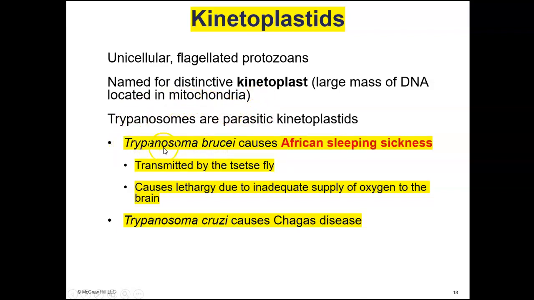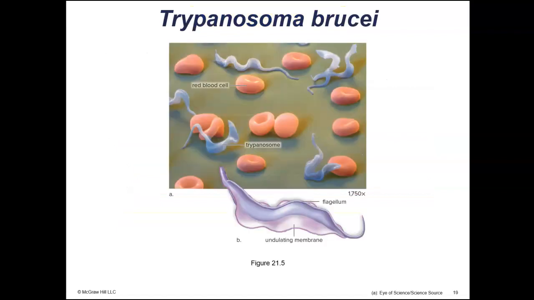But the primary example is the Trypanosoma genus. One of the Trypanosoma organisms is called Trypanosoma brucei, and it causes African sleeping sickness. Its host is the tsetse fly, which transmits the protozoan parasite to humans. And so it has two hosts. It has the tsetse fly and humans.